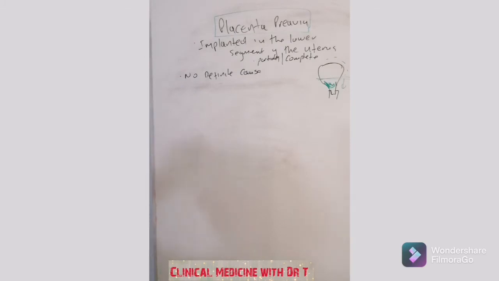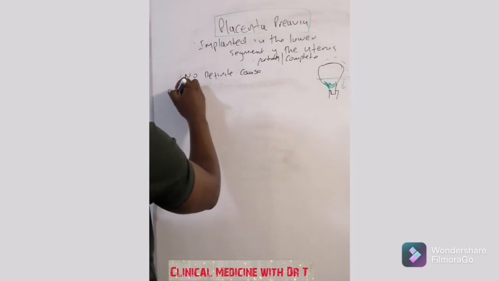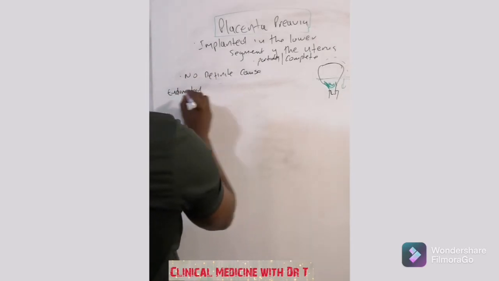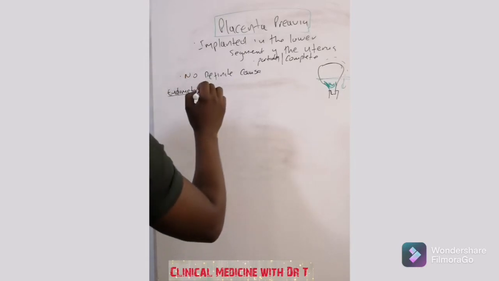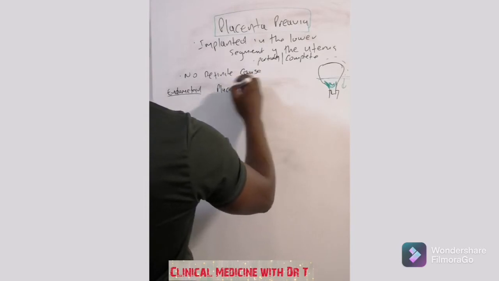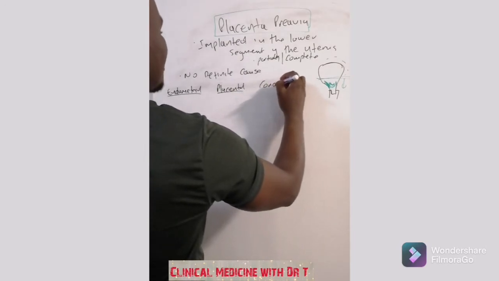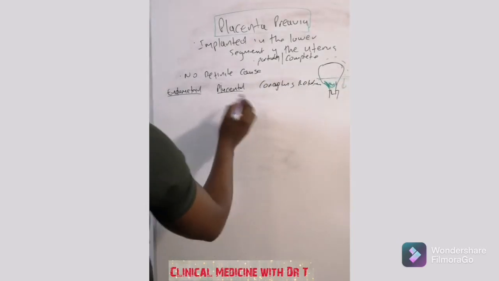There are certain conditions or situations that are thought to play a very huge role in the development of this, and those can be endometrial factors, placental factors, and conceptus-related factors.